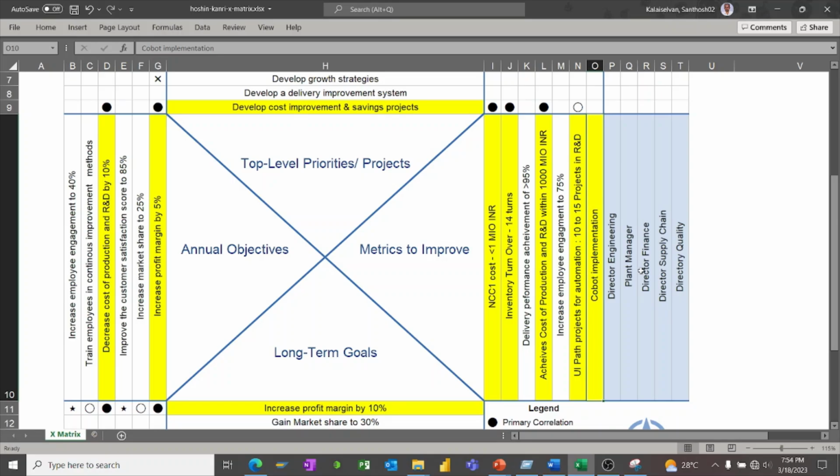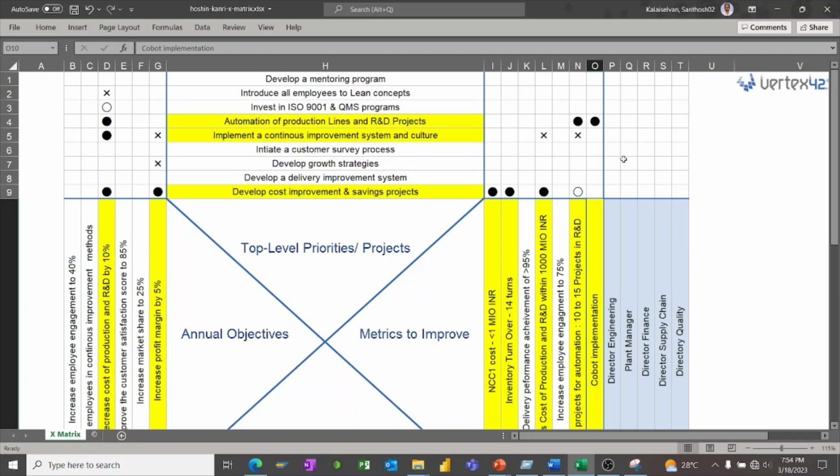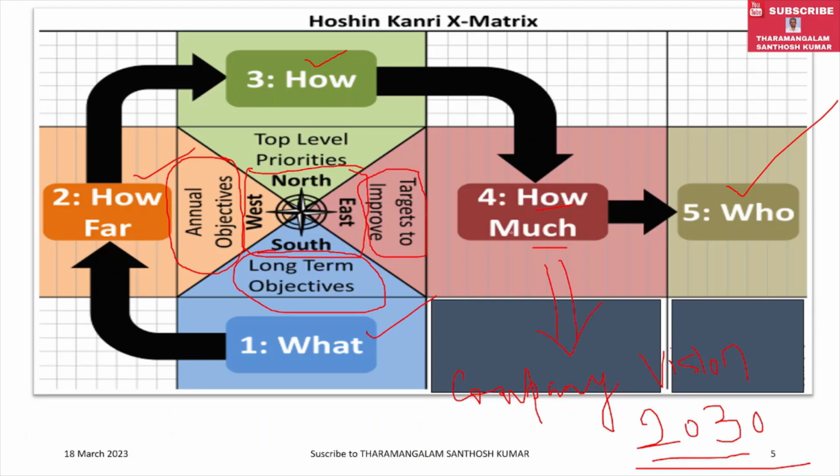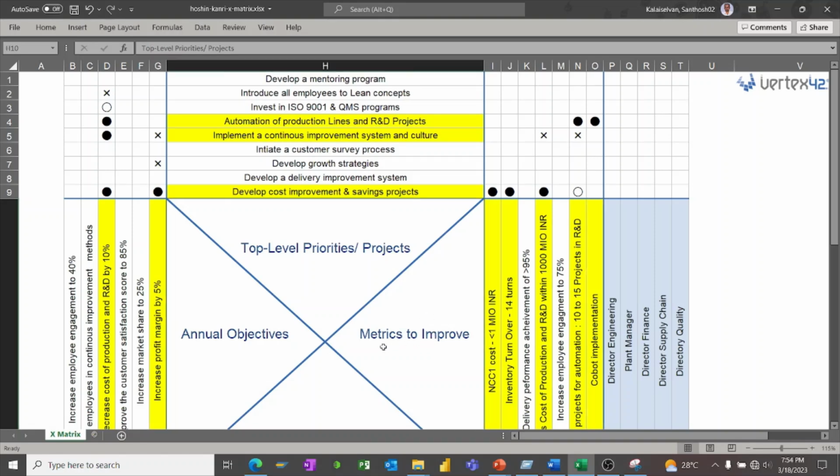So now the thing is, who will do it? That is the fourth step, which is nothing but the target metrics. Who will do this? Finally somebody has to own these projects, the annual objectives, or the long-term goals, right?